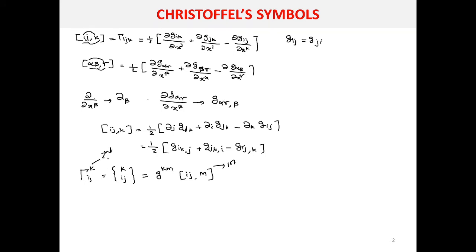So the Christoffel symbol of the second kind is defined by using the Christoffel symbol of the first kind and the conjugate metric tensor g. We can express it as g km into the Christoffel symbol of the first kind ij,m, whose value is 1 by 2 into dou g im by dou xj plus dou g jm by dou xi minus dou g ij by dou xm.